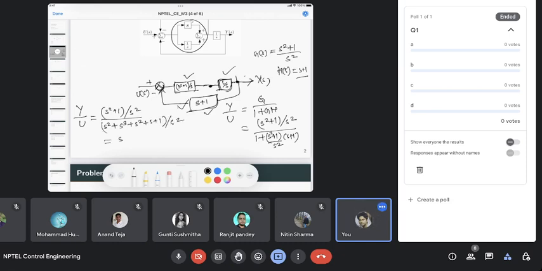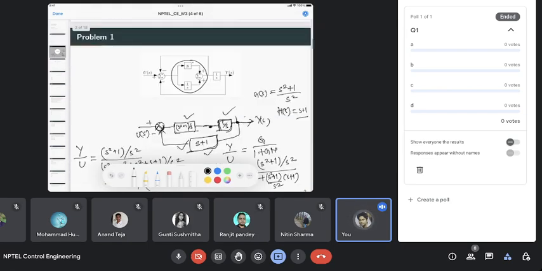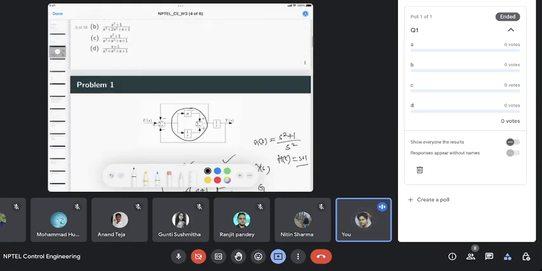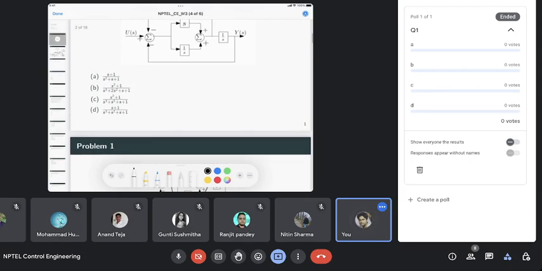So here it is S square plus 1 by S cube plus 2 S square plus S plus 1. So this is your transfer function. So this answer is S square plus 1 by S cube plus 2 S square plus S plus 1. Yes, so we have option B, right?